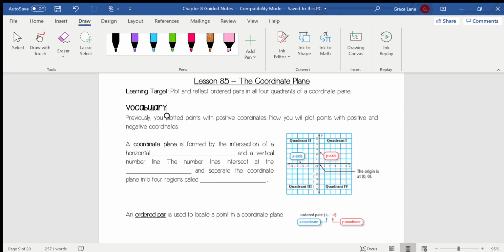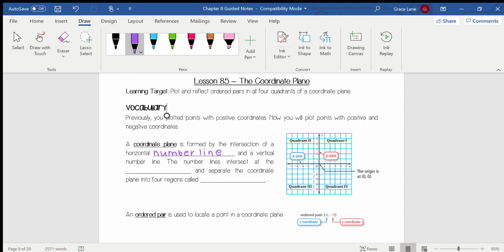If you look at the vocabulary, there's an example of what I mean. The first thing says, previously you plotted points with positive coordinates, now you will plot points with positive and negative coordinates. A coordinate plane, which is this whole graph, is formed by the intersection of a horizontal number line, which means there's a number line going straight across with 0 in the middle, and a vertical number line, which means there's also a number line going up and down.